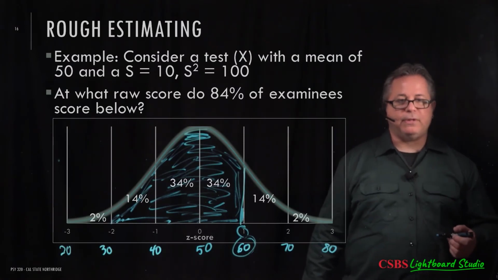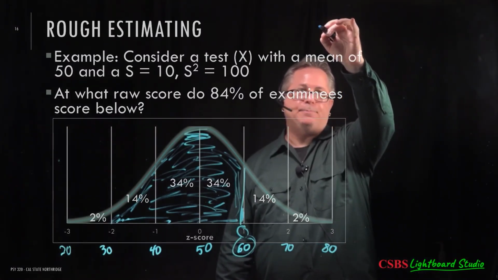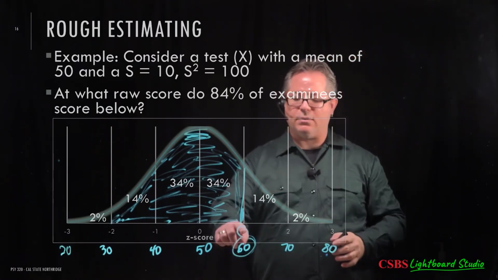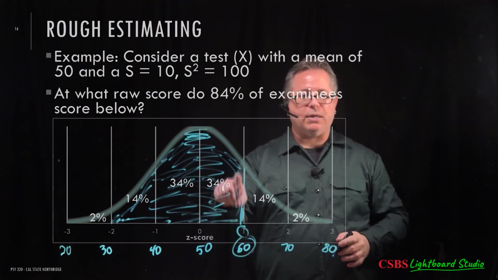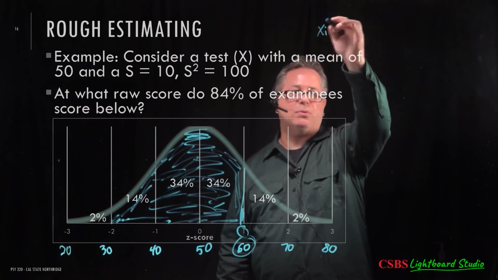Now, the way I could have done that is to just convert and figure out what score I would need to correspond. I could have figured out that at a z-score of 1, I got 84%. So now I need to convert back over. What raw score?